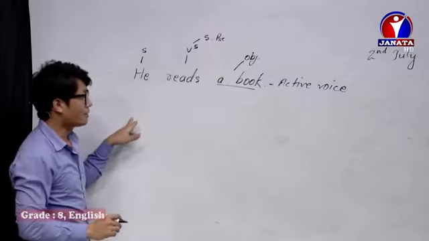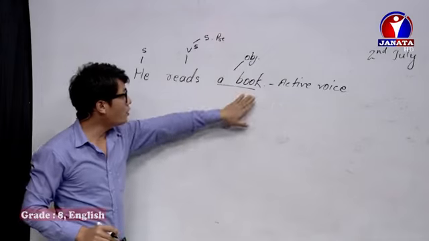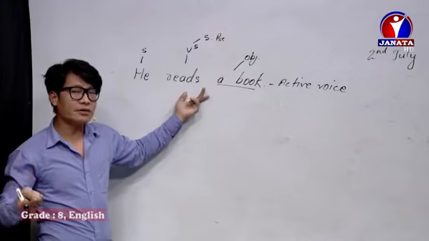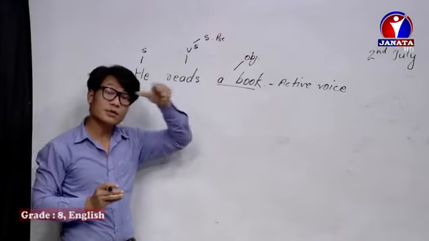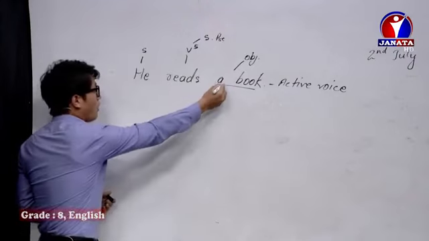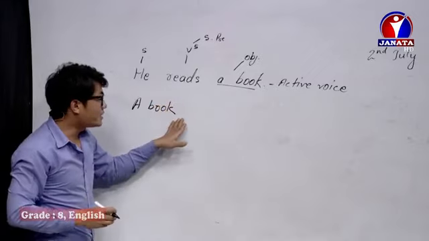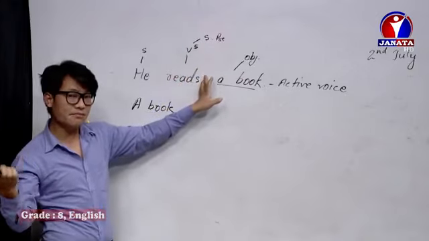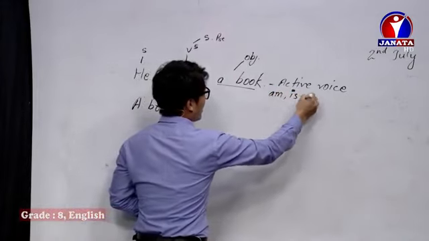This is an assertive type of sentence, because it starts with the subject and ends with a full stop, and it is simple present. So a book should be written here. And now it's time to use a be verb. What are the be verbs of simple present? Obviously you know. They are am, is, are.